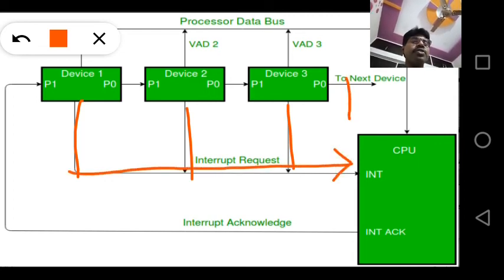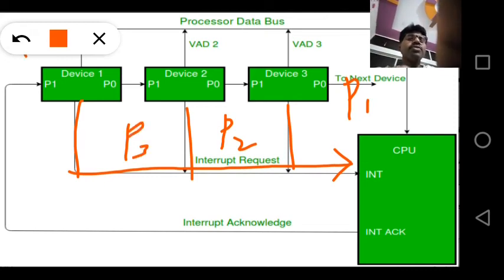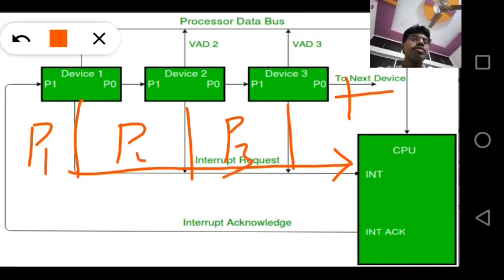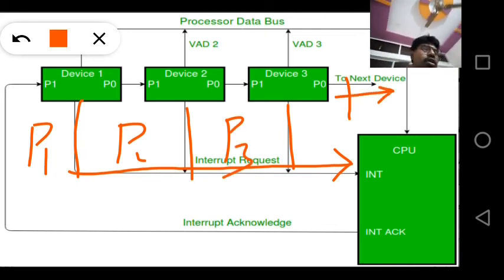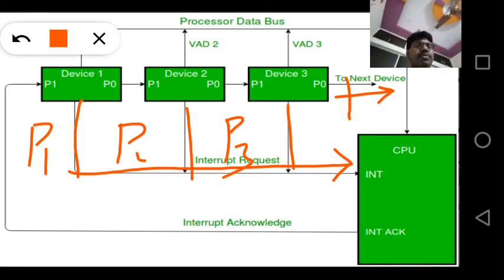So definitely this one should have the highest priority, the next should have the next priority, then the lowest priority. Or it can happen vice versa. The next device goes on. So this is the structure.